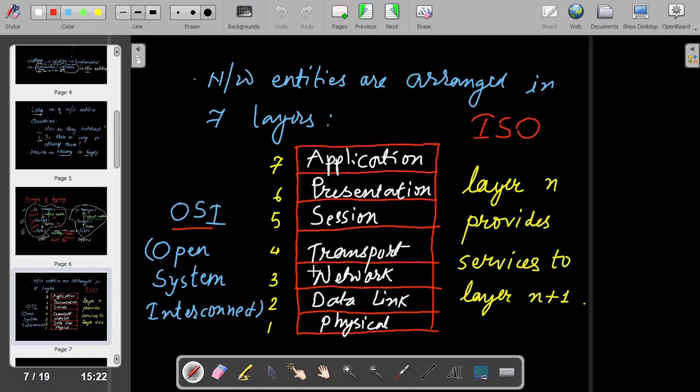And whatever advantage I said, that if data link layer changes its implementation of a service, as long as the required service is provided, network layer has no issue with the change in implementation. Even the network layer does not know how data link layer has implemented so and so service. A layer is only concerned with the service provided. As long as that service is provided, even if the implementation changes, there is no issue.